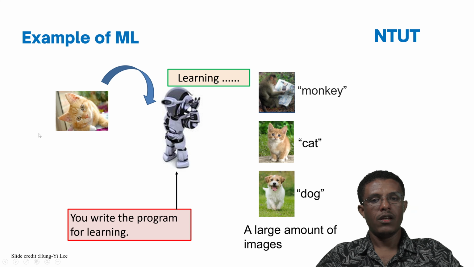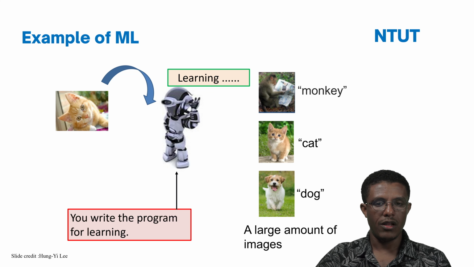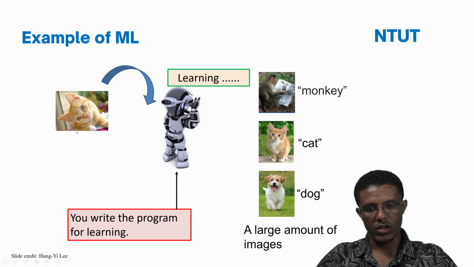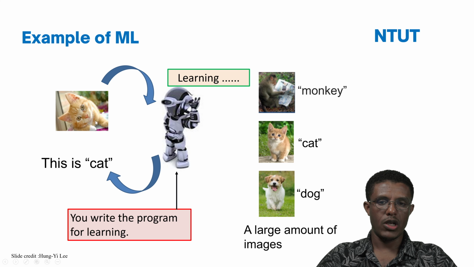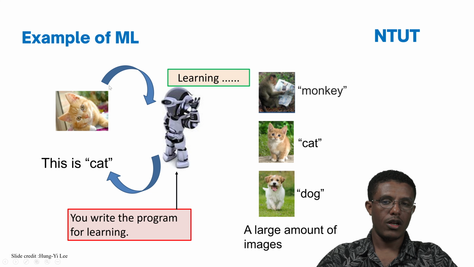Finally, in order to test whether the model learned accurately or not, we give this image to the machine, and the machine says that this is a cat. That shows the model accurately detected or classified this image.